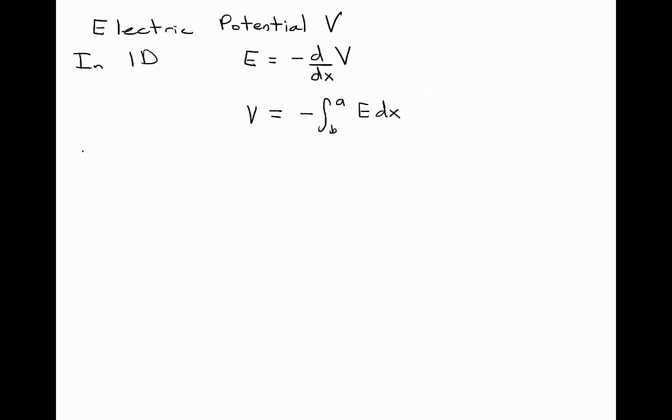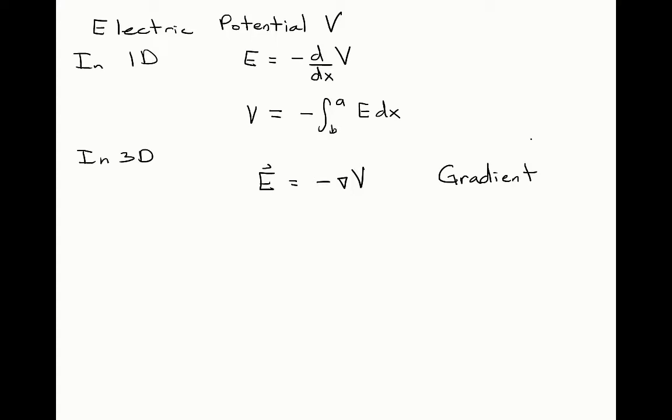But in this class, we're typically working in 3D. So then the electric field is minus the gradient of V. Now we haven't worked with the gradient much. Gradient is a 3D version of slope. We've done curl and divergence, which in my opinion are both more difficult to think about than gradient.